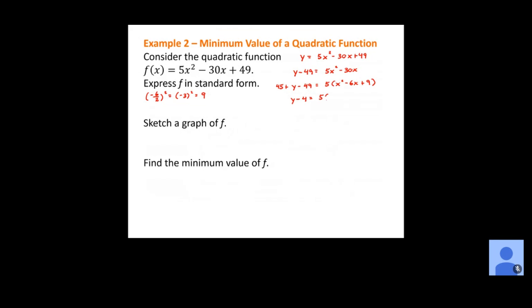On the other side, we can factor that. It's going to factor the same way as the previous one, right? X minus 3 squared. And then finally, I'm just going to move my 4 to the other side. So we'll have y equals 5 times x minus 3 squared plus 4. So there's our standard form.